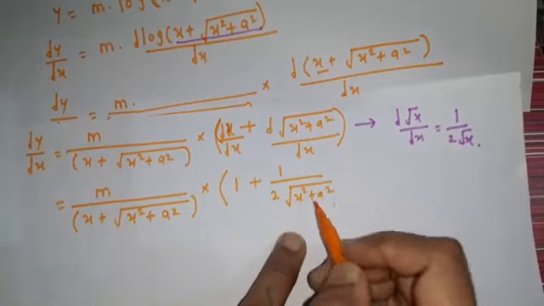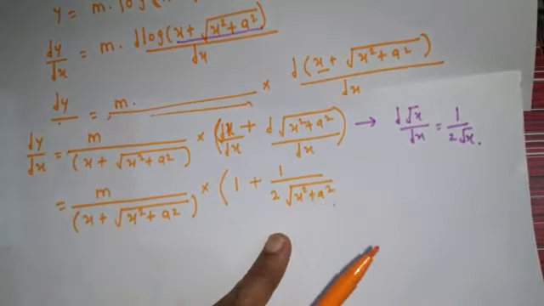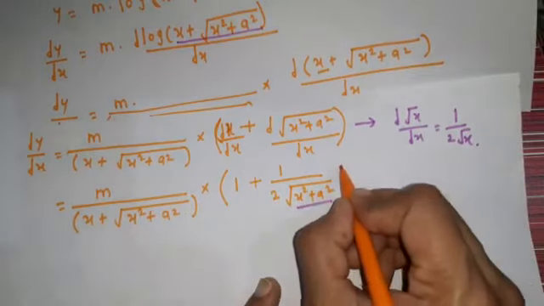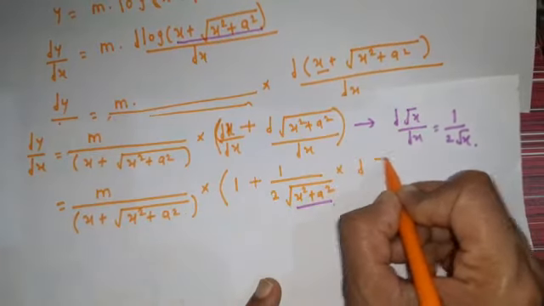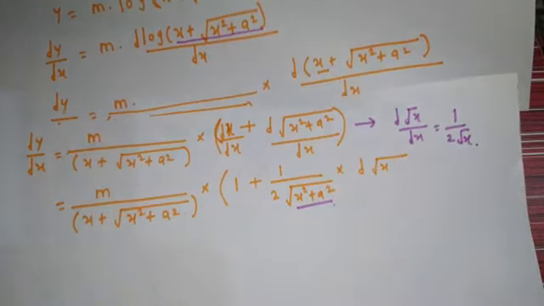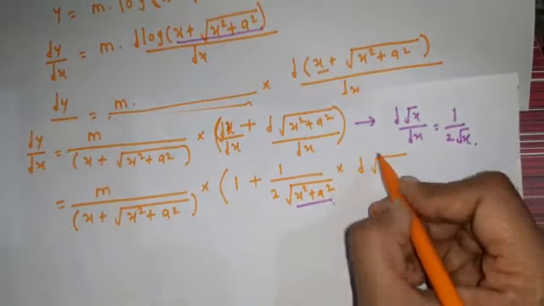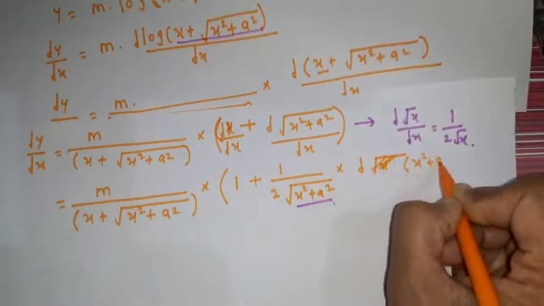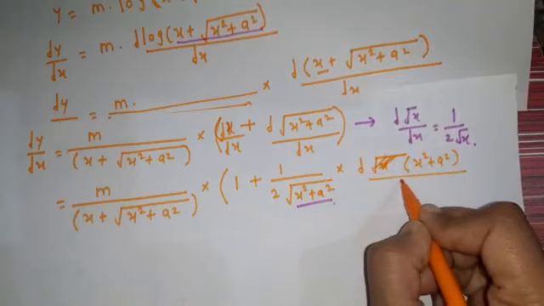But see students, again by using chain rule, this function is again a differentiable function, and that's why into differentiation of x square plus a square with respect to x.